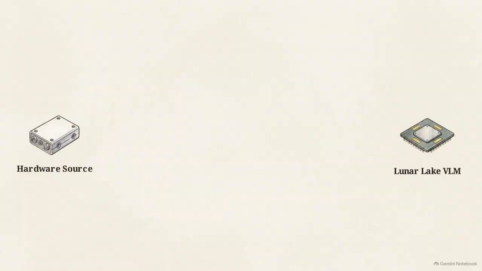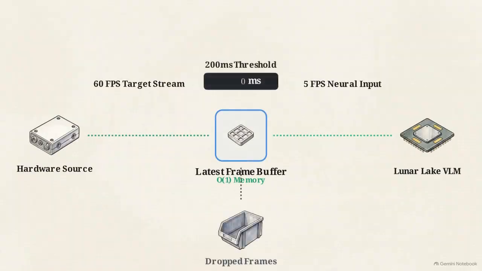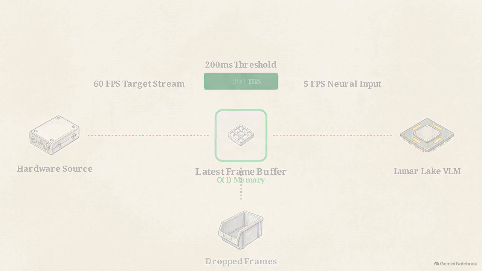This diagram shows the defensive engineering layer, a 5 frame per second rate-limiting ceiling backed by a latest frame buffer container. It functions as an O(1) memory container working natively in Python, strictly holding only the latest available frame. The system enforces a 200 millisecond threshold rule. If frames arrive faster than the VLM can process them, they are structurally dropped without allocating any new memory.